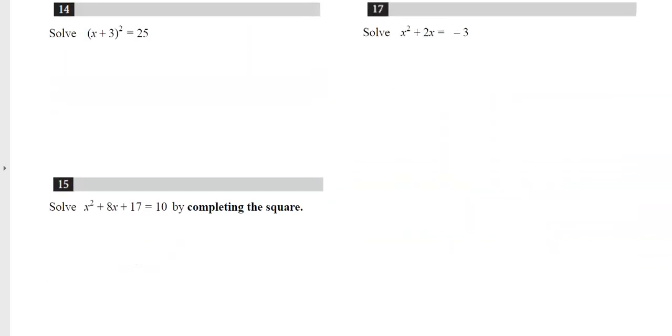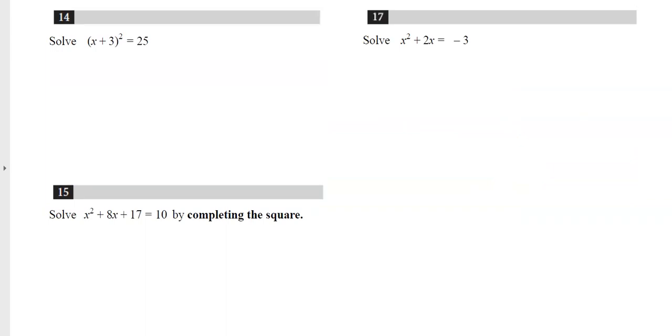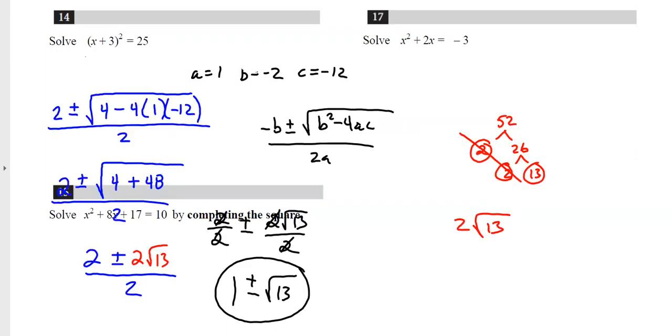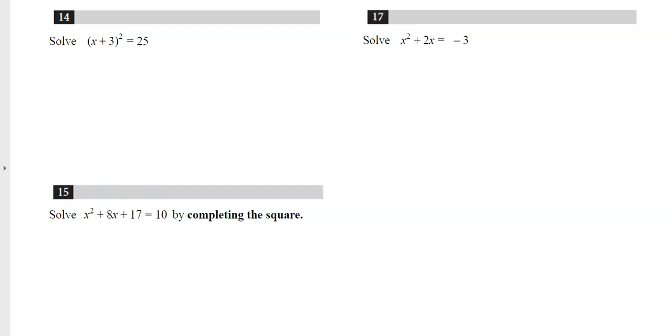Number 17, I got a feeling we're going to see an imaginary one on this one. So let's do it. First thing you want to do is you got to set it equal to 0. So I got to add 3 to both sides. I'll go a little quicker on this one. So x squared plus 2x plus 3 equals 0. Try to factor it. There's no way to get positive 3 and a positive 2 when you add.